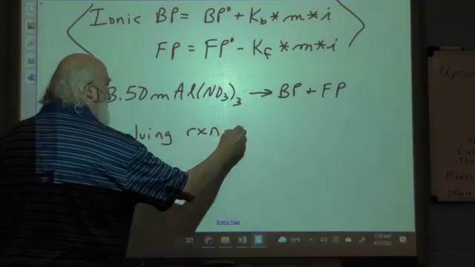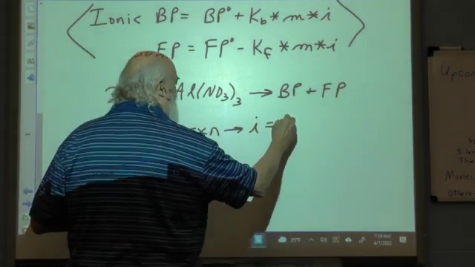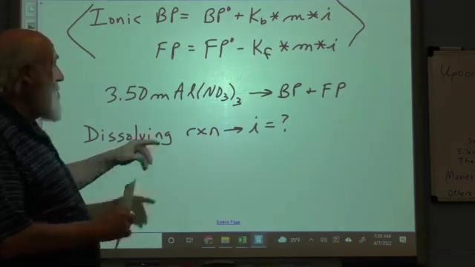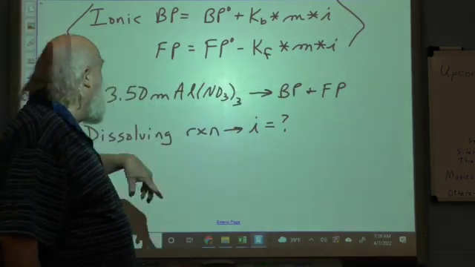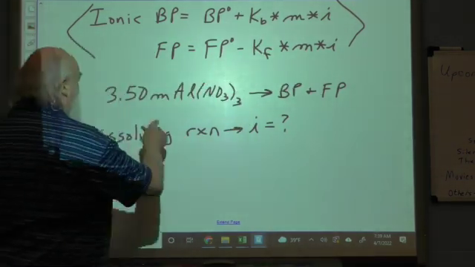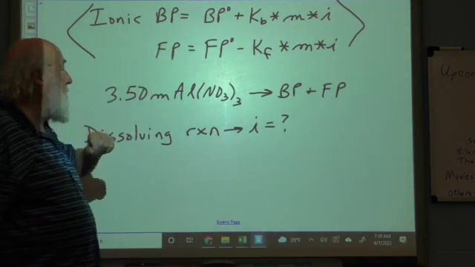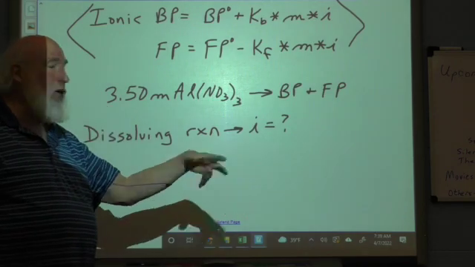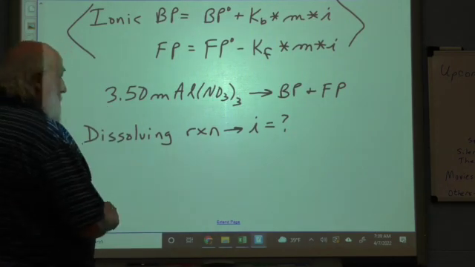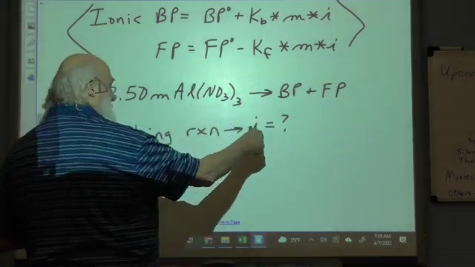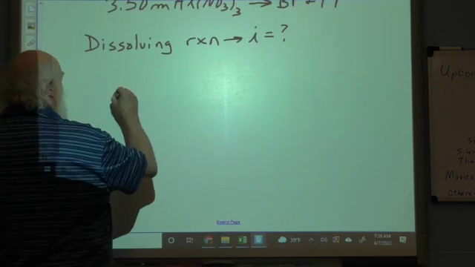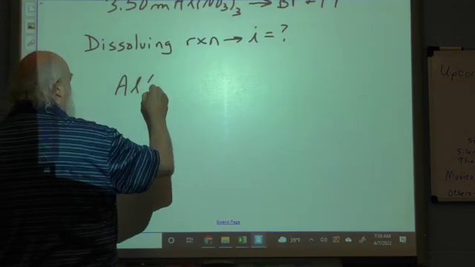The dissolving reaction is going to give us our value of I, and that's going to be plugged in right here. Our molality, M, is 3.50, and of course this is 100 and this is 0 degrees. We're going to throw all that in there to see how this is affected, but the first thing we need to do is find that I. So do the dissolving reaction for aluminum nitrate.